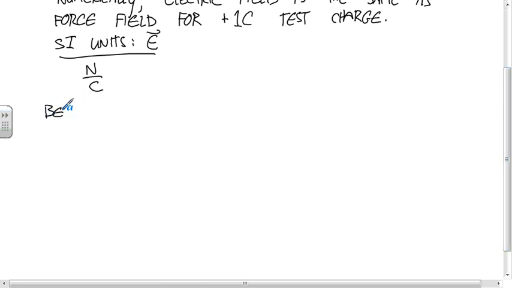Besides a point fixed charge, so that's the one that I just drew on the last page, there are two other profiles of fixed charges that you should get used to. You should kind of remember what these shapes look like.